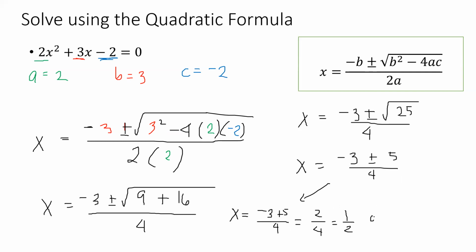We can also subtract 5: x is equal to -3 minus 5 over 4, that means -8 over 4, which is equivalent to -2. So this is another root. So 1/2 and -2 are the roots of the quadratic equation 2x squared plus 3x minus 2 equals 0. That's how we derive and use the quadratic formula. More of this in the next video.